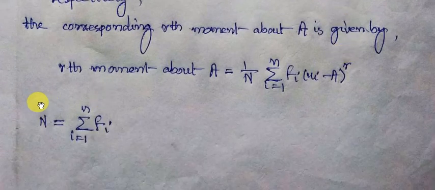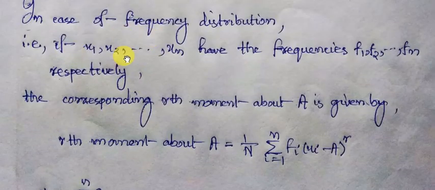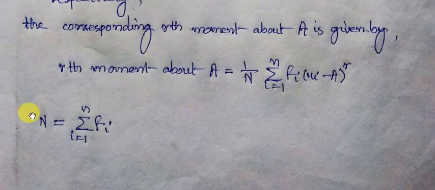So the number of data in this statistical observation will be the sum of these frequencies, and notationally we have written here summation over i equal to 1 to n of fi. This is capital N, the total number of observations.